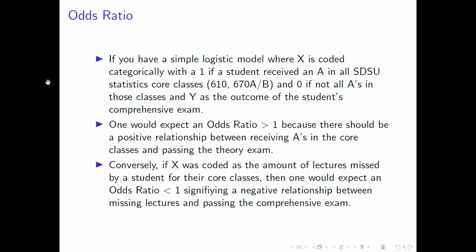Conversely, if x was coded as the amount of lectures missed by a student for their core classes, then one would expect an odds ratio less than 1, signifying a negative relationship between missing lectures and passing the comprehensive exam.